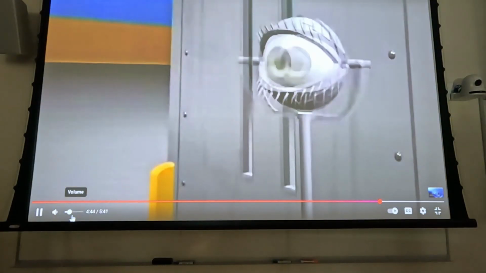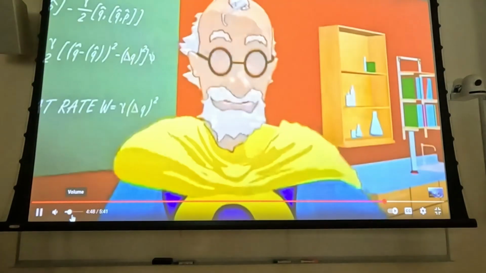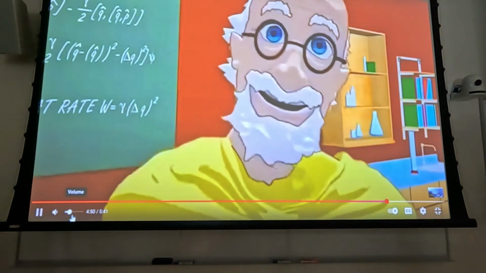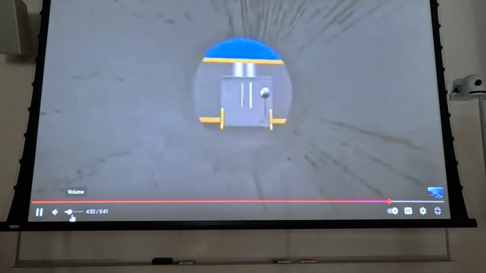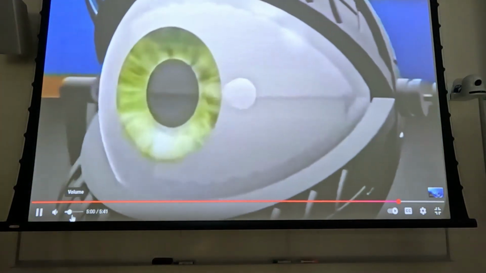The very act of measuring or observing which slit it went through meant it only went through one, not both. The electron decided to act differently, as though it was aware it was being watched.